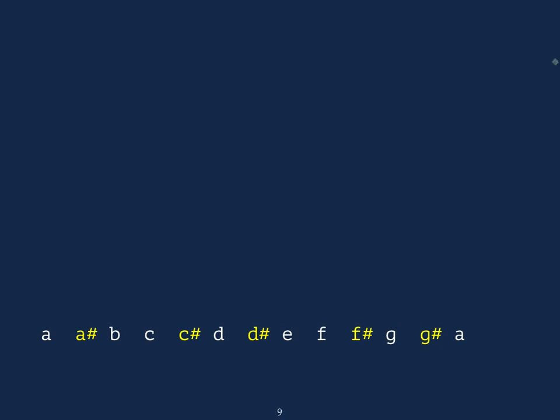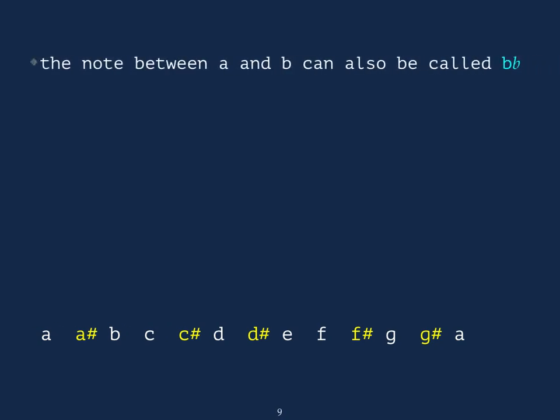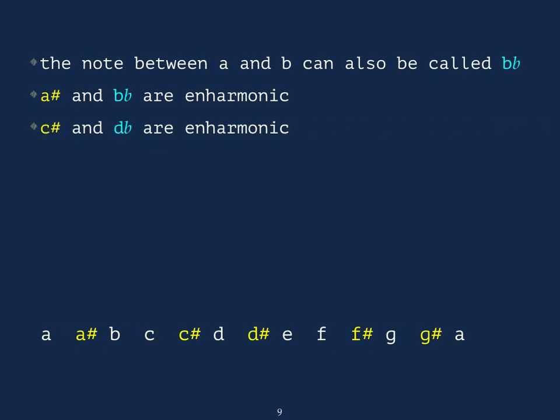So the note between A and B can also be called B flat. A sharp and B flat are enharmonic. C sharp and D flat are enharmonic. D sharp and E flat are enharmonic.